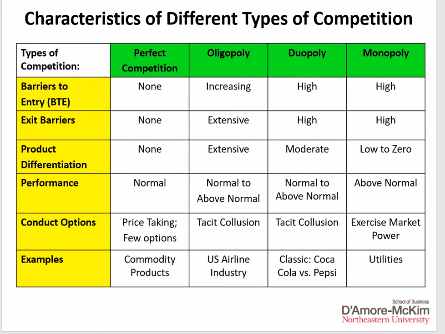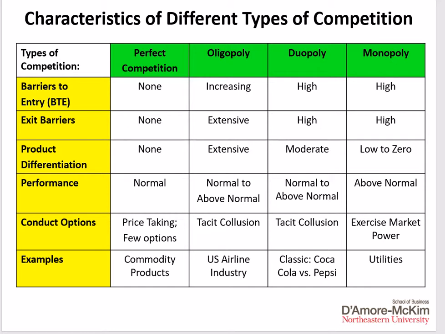However, under oligopoly and duopoly, and a duopoly is basically two firms, whereas an oligopoly is a small handful, we see likelihood of tacit collusion, where firms work together tacitly. They're not breaking any laws, but they tend to signal each other and find ways to work together to protect their own profits and to keep out other competitors and protect that limited competition status.